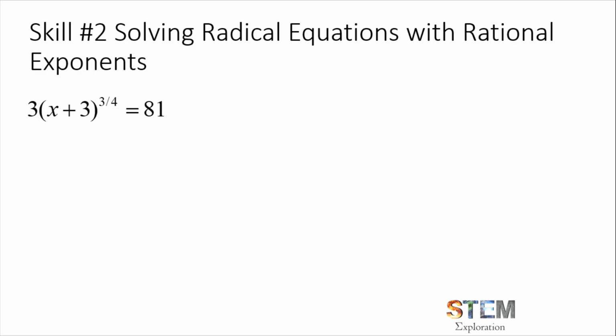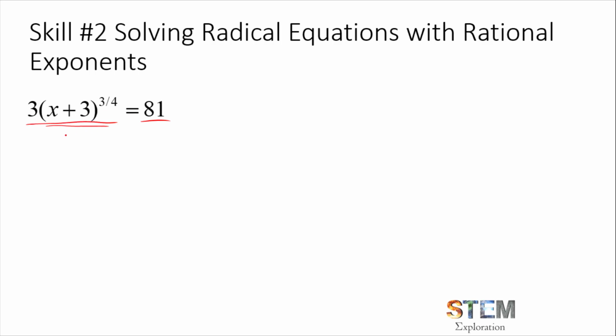A second example I want to look at keeps going along this route of rational exponents that we talked about previously. In this situation, we want to do the same thing we just did: separate out the rational exponent portion from the constant values. The first thing I'm going to do is get this rational exponent part all by itself.